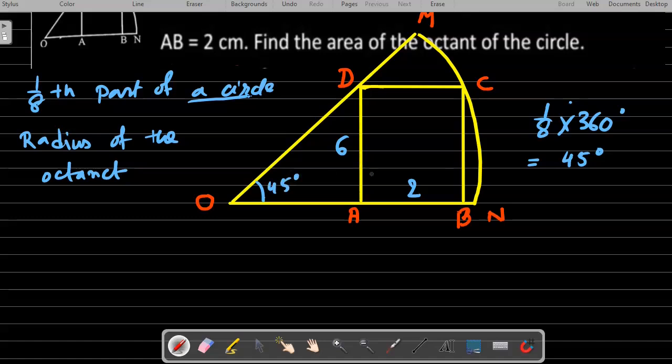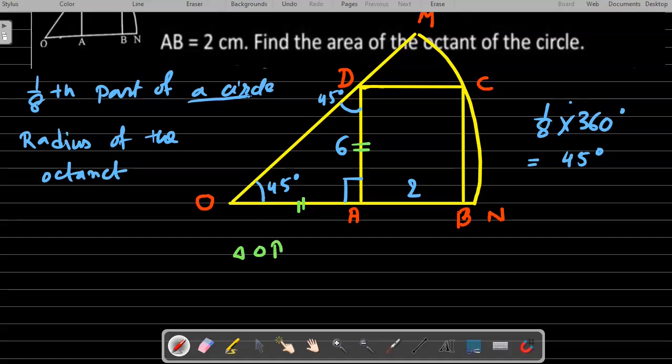Now ABCD is a rectangle. Therefore what is this angle? This is a right angle, that is 90 degree. Now what is this angle? This angle is also 45 degree, because the sum of all angles should be 180 degree. So these two angles are 45 degree. This means this is a right angled isosceles triangle, so this side and this side are equal.